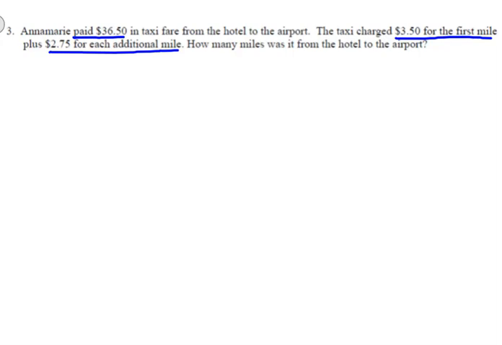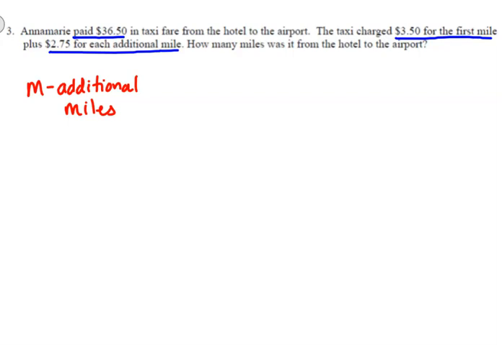So my variable here, I'm going to use M for miles, but the key here is these are the additional miles, because those are the ones that she's going to pay repeatedly. Every mile, it's another $2.75.